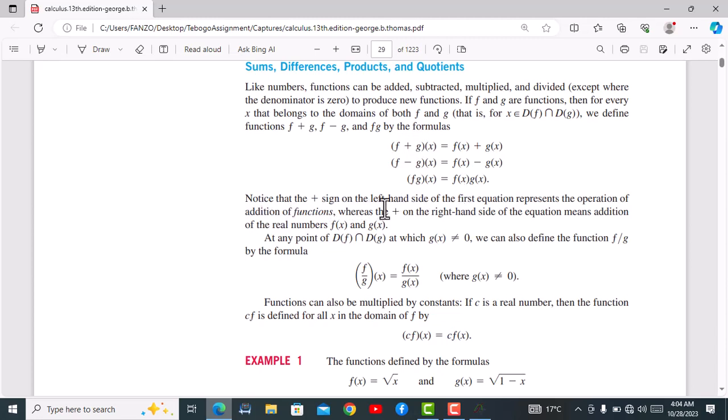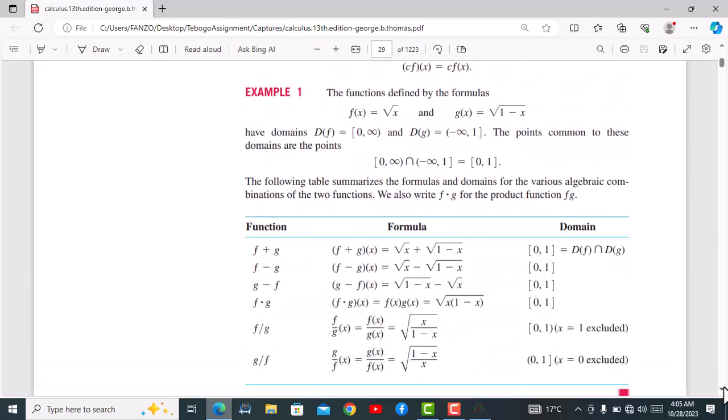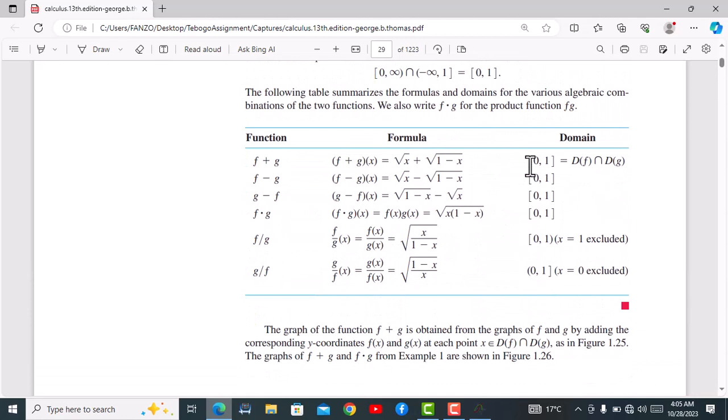Whereas the plus sign on the right hand side of the equations means addition of real numbers. So this time this deals with the addition of real numbers, the real numbers on the function f and the real numbers on the function g.